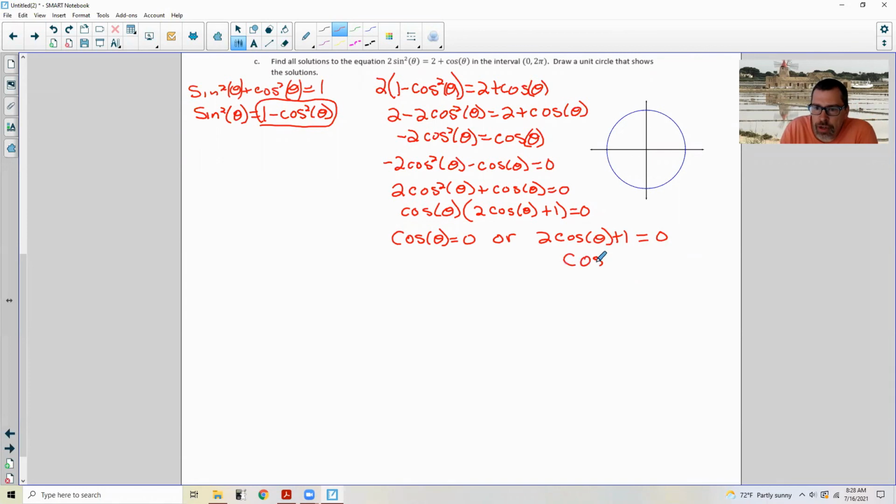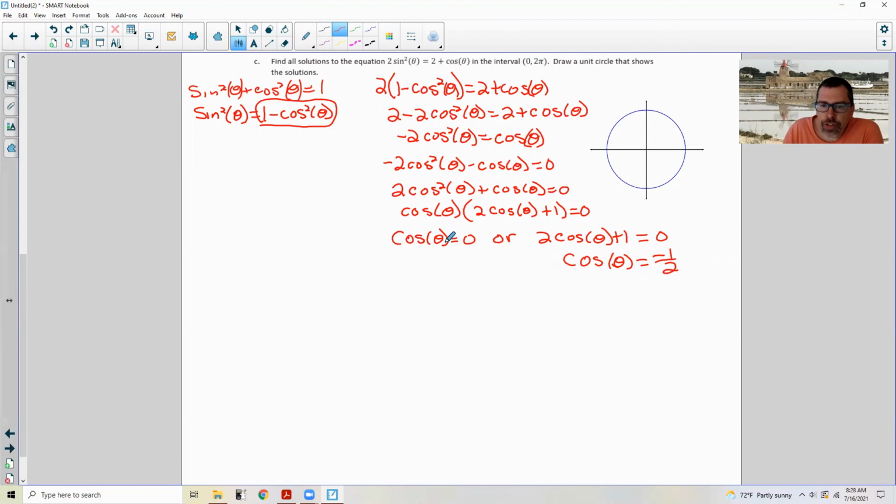So the cosine of theta equals negative 1/2, or the cosine of theta equals 0.